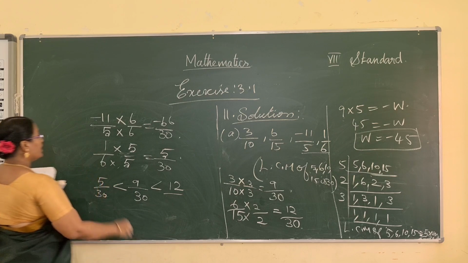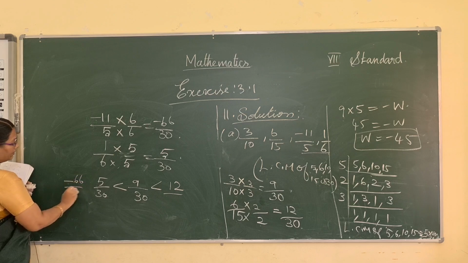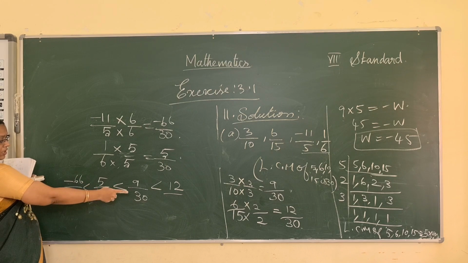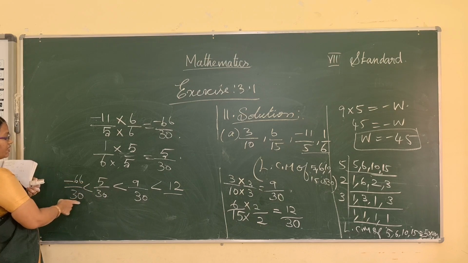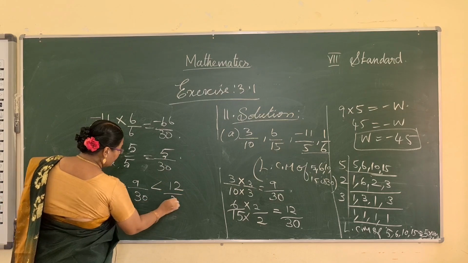So which one is the very smallest value? Minus 66 by 30, because the negative sign compared with the positive values is the smallest. So minus 66 by 30, 5 by 30, 9 by 30 and then 12 by 30.